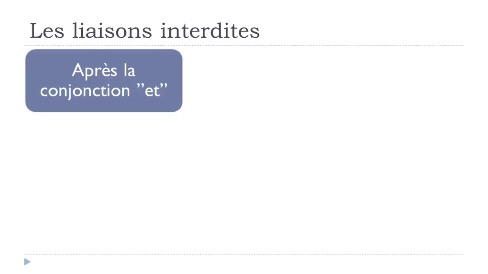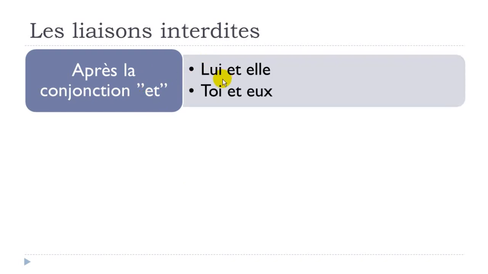And the first one is actually maybe the most important one, because normally students tend to make this mistake quite often at the beginning, which is totally normal, because if you think about it, we've got this et conjonction, so it means and in English, okay? And so normally students tend to think that when you've got lui et elle like that, why not put this little liaison between the two?